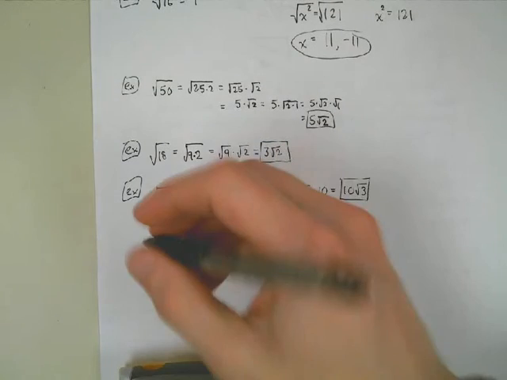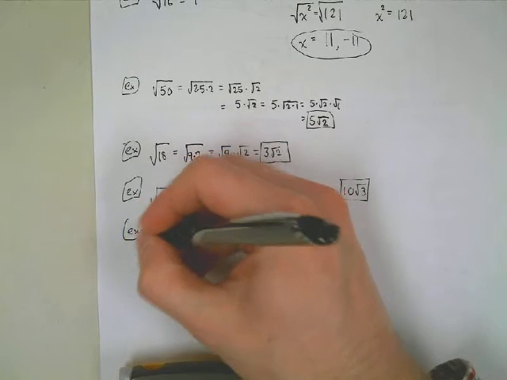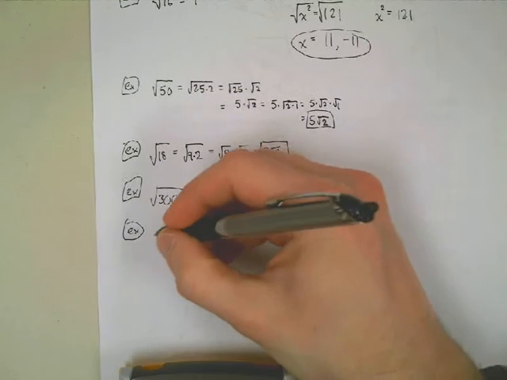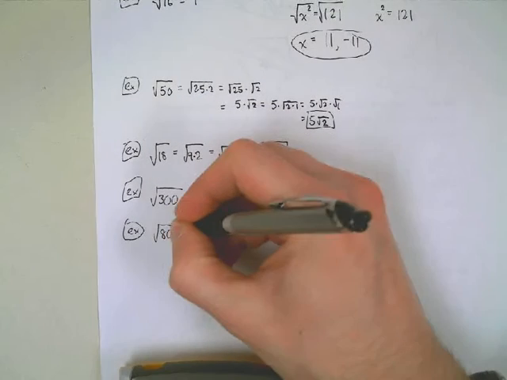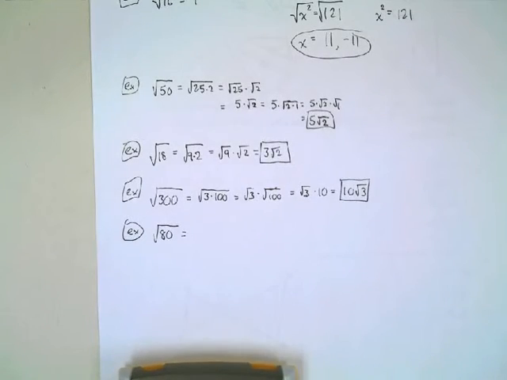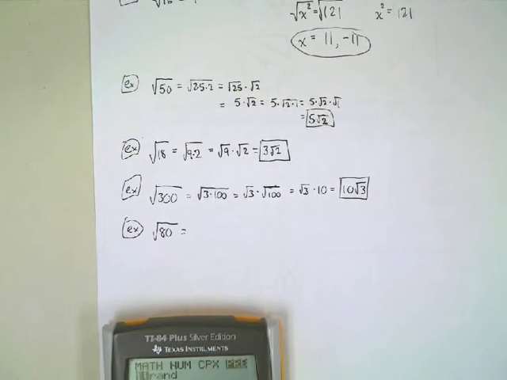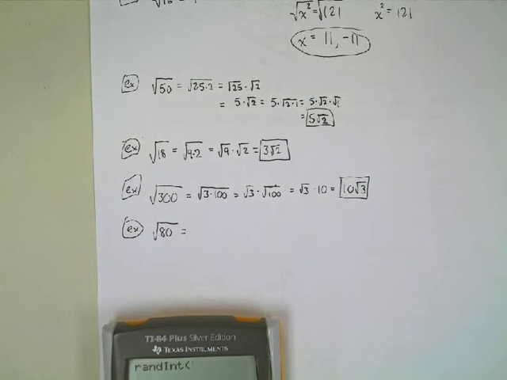All right. Let's try another one here. Mitchell! Square root of 80, Mitchell.